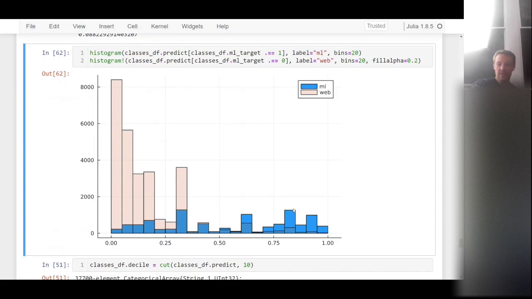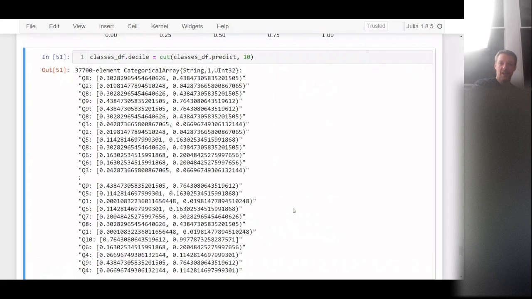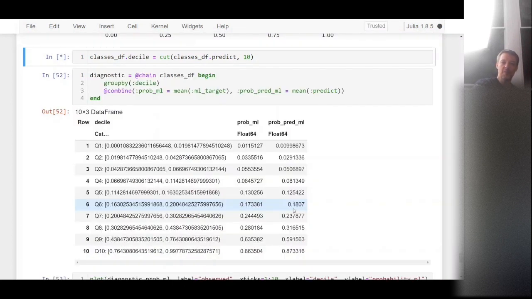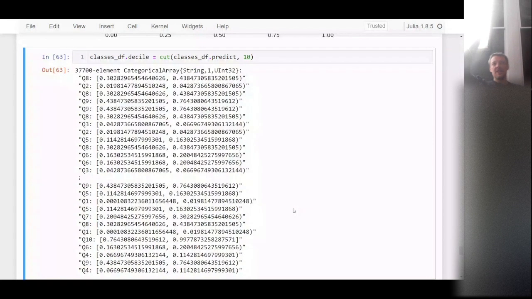Well, this can be done in the following way. So first thing I do, I need to cut my prediction into deciles. What does it mean, deciles? So I cut it into intervals of equal count of values. So for example, what I mean is that the first interval has lowest 10% of the predictions, second interval has second 10% of predictions, and so on and so forth.